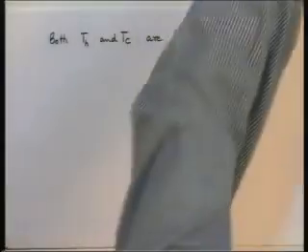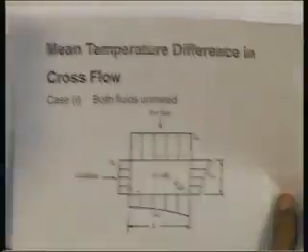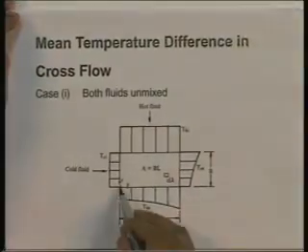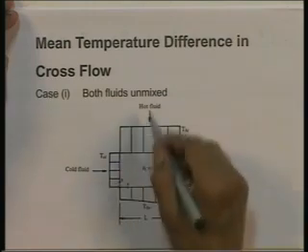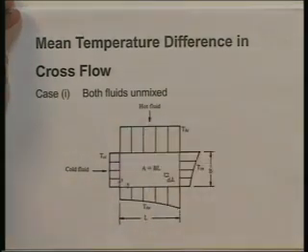X and y are what we had earlier. Let me just go back to the sketch. X is this direction in which the cold fluid is moving, y is the direction in which the hot fluid is moving. We need two directions now, it is a two dimensional problem, unlike parallel flow and counter flow, which were one dimensional problems. So, we had only the x direction there. All right, that is important that you keep that in mind. Now, we have variations in x and in the y direction. So, TH and TC are functions of x and y.